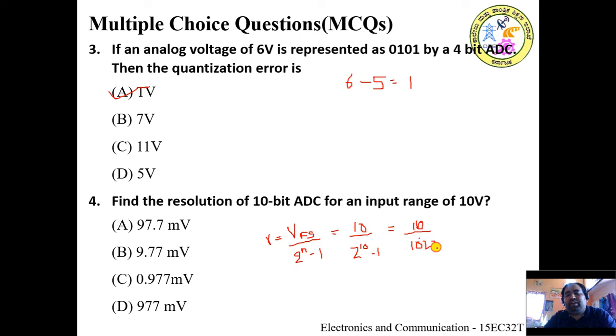And if you calculate this ratio, the answer would be 9.77 millivolt. You can verify it in your calculator later on.